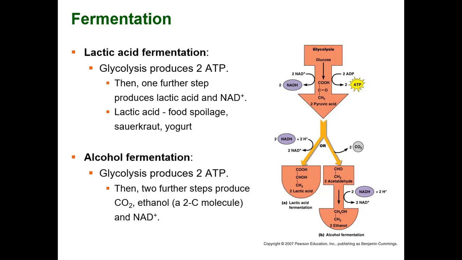I'm drawing a blank on some other fermented foods. Chocolate uses lactic acid fermentation to ferment the chocolate. And I think black tea is also fermented, and I think it's lactic acid fermentation.